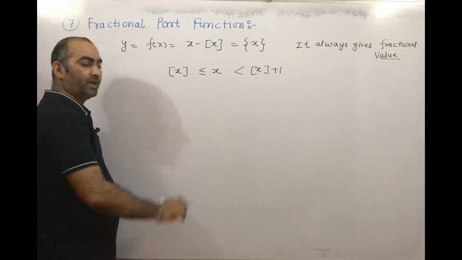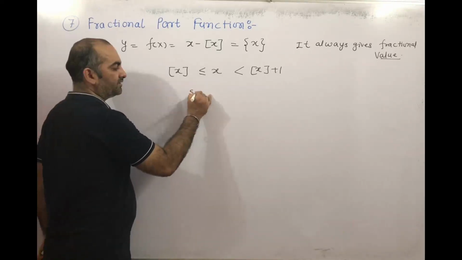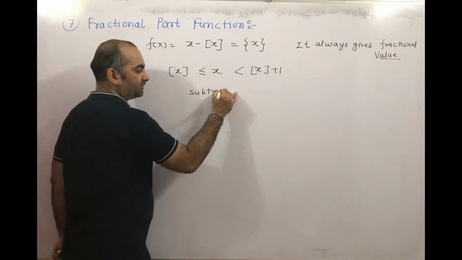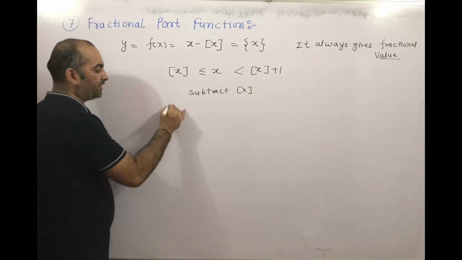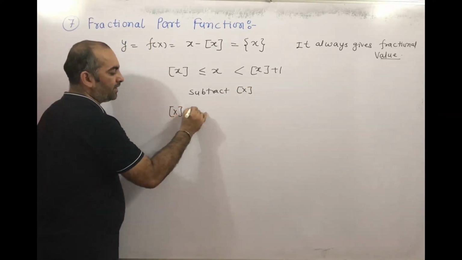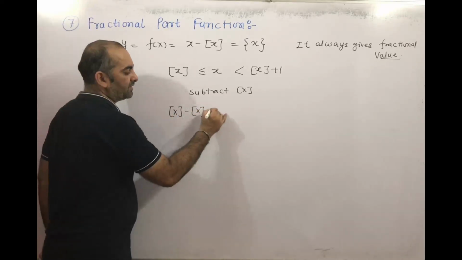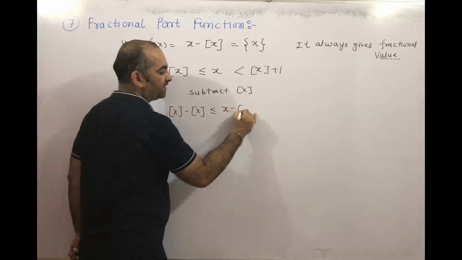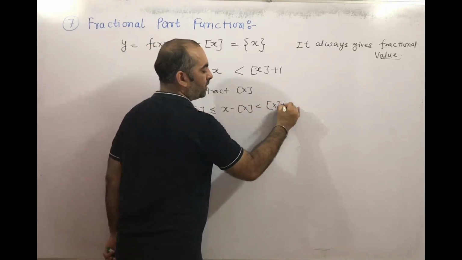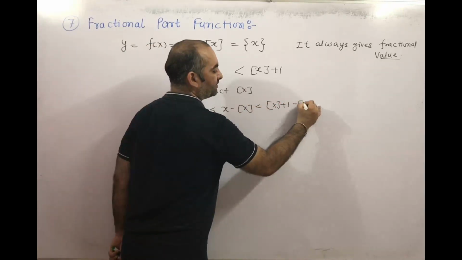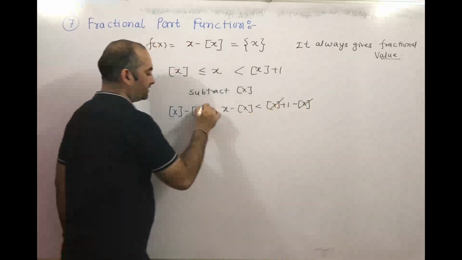Now what we will do here is subtract the greatest integer of x. So the greatest integer of x minus the greatest integer of x is less than or equal to x minus the greatest integer of x, which is less than the greatest integer of x plus 1 minus the greatest integer of x. So this gets cancelled.